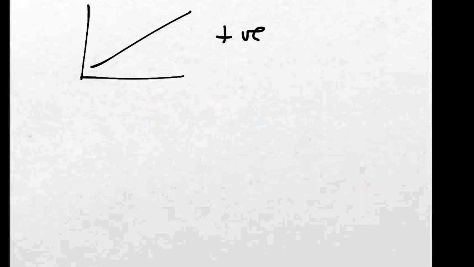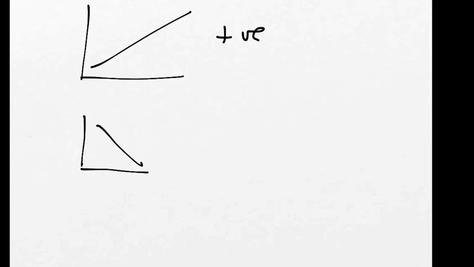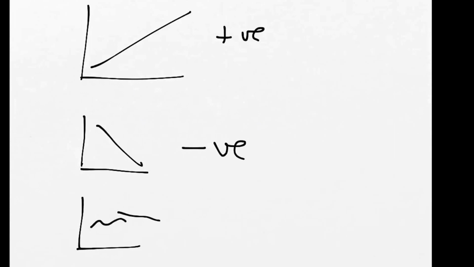When things go up, it's always positive. Well, there was a bit of innuendo, but if things go down, it's a negative correlation, of course. And if things sort of don't do anything, it's no correlation. I want you to remember that.